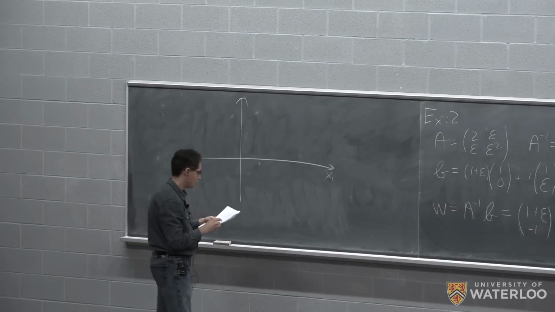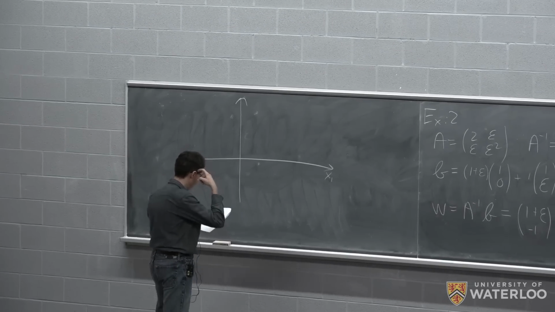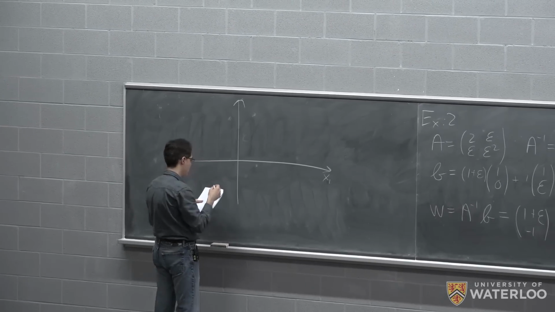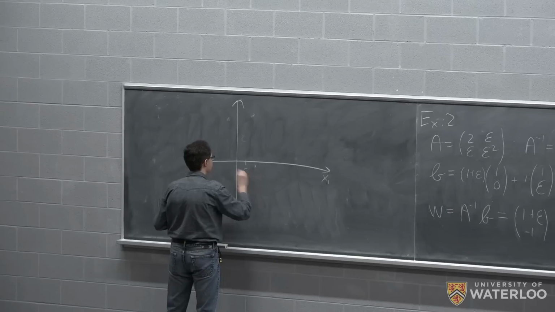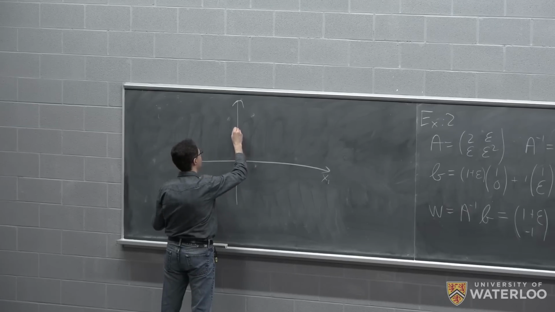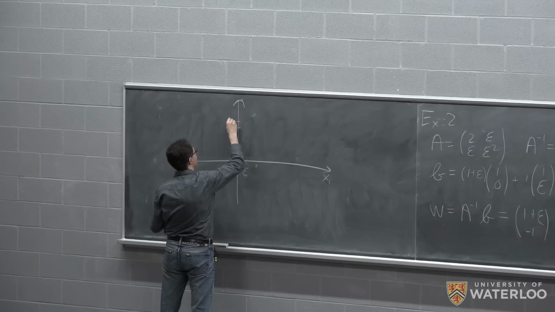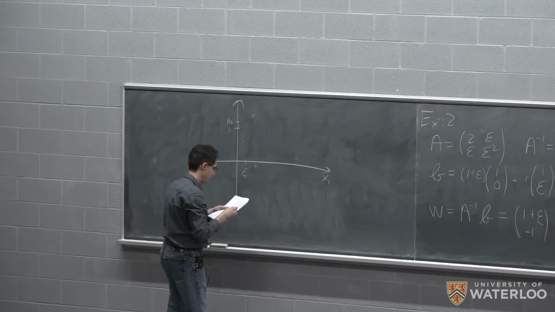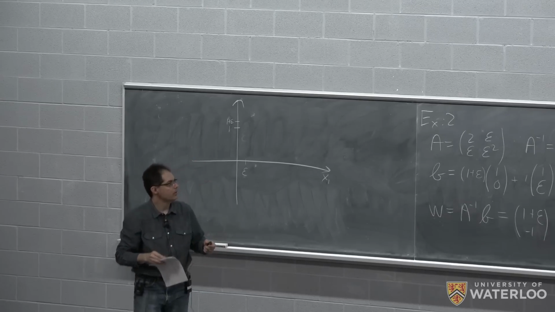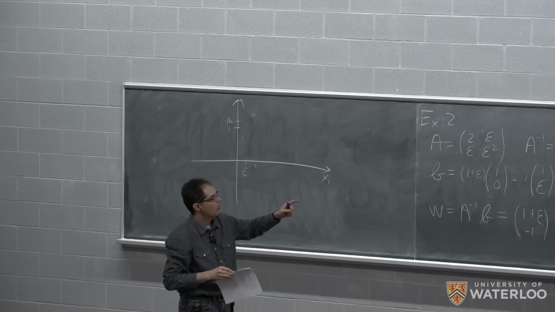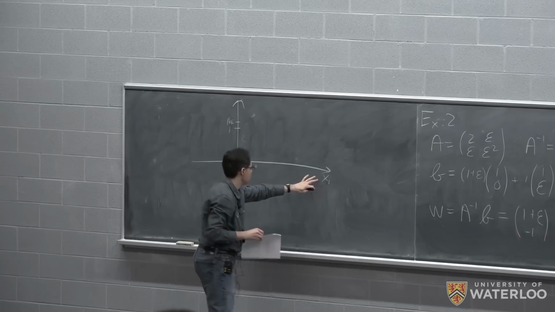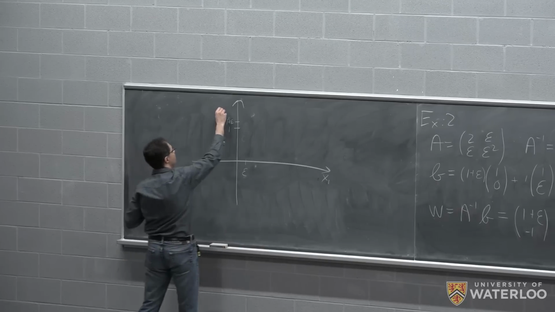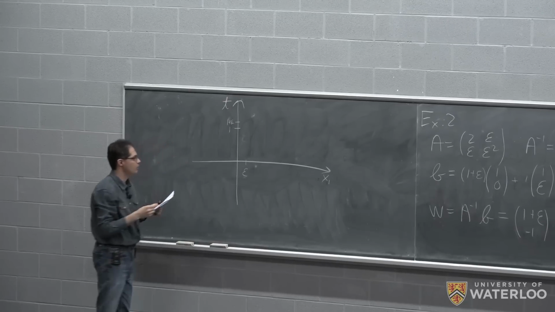For the first example, we had two data points. Let me put epsilon here, I'll put 1 here and 1 plus epsilon. The x-axis is really the second dimension, and the y-axis is going to be the target.